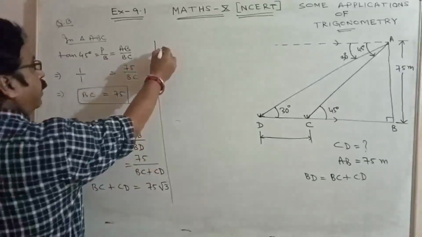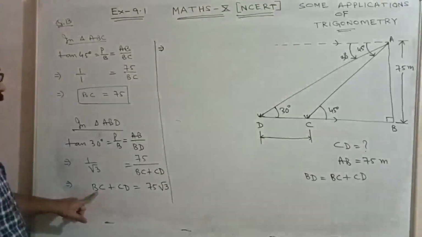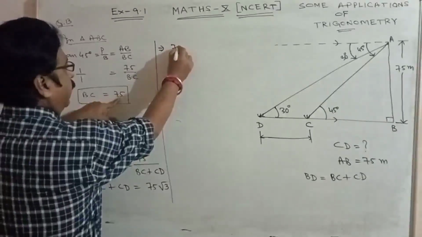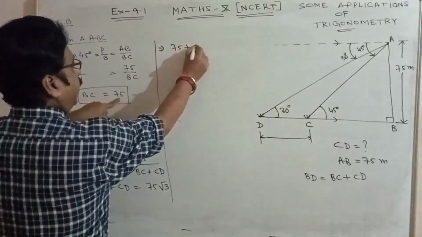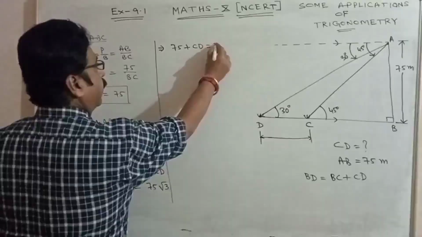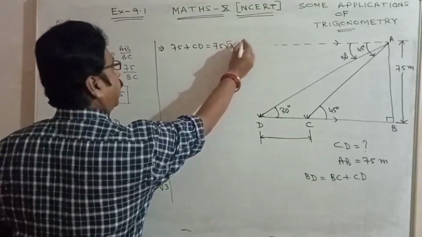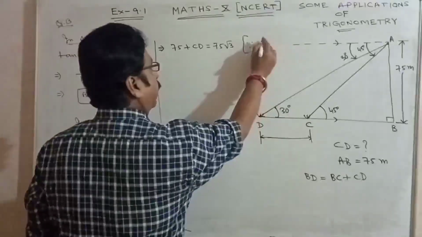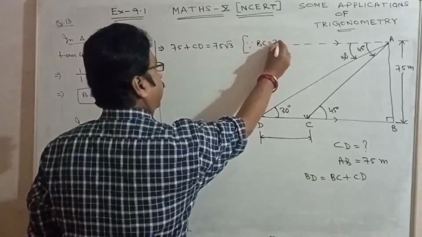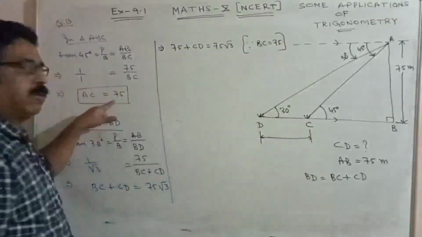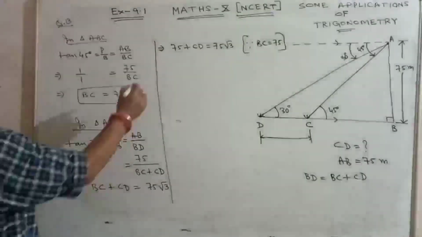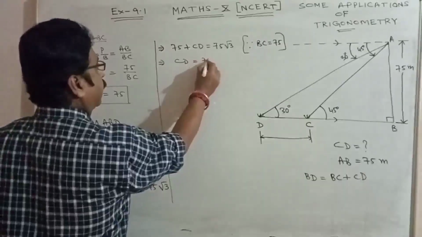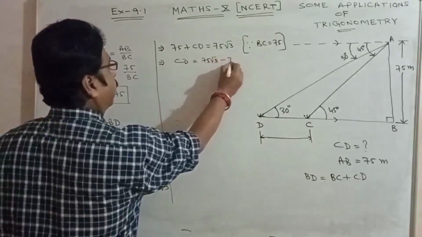From this, next step, in place of BC, we can write 75. 75 plus CD equals to 75 root 3. Since BC equals to 75, already we calculated. Now CD will be 75 root 3 minus 75.